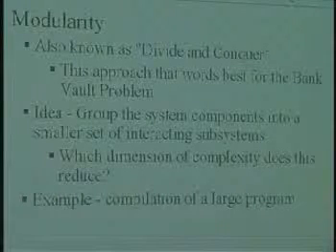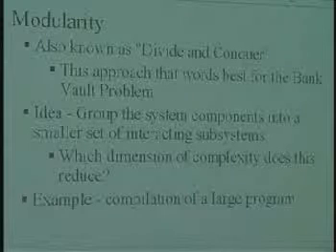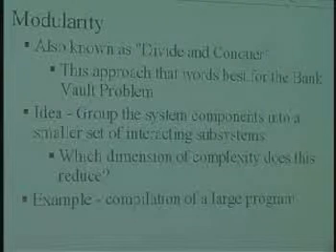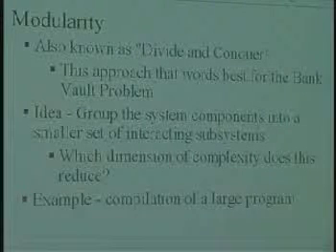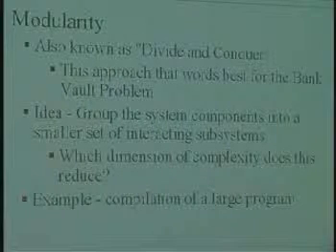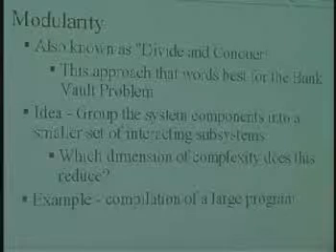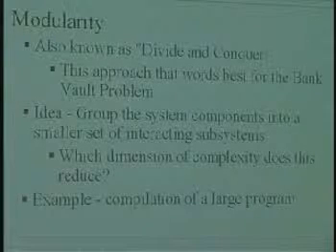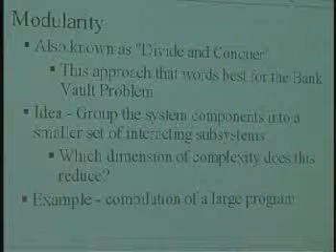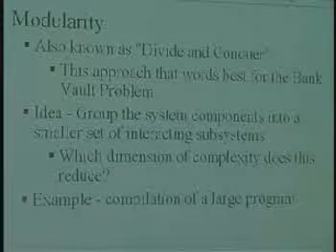We talked about different symptoms for why a system is complex. Which dimension does this reduce? Large number of components. So here what we're doing is reducing, in a sense, the number of components, quote-unquote, by using modularity. We're grouping things together.